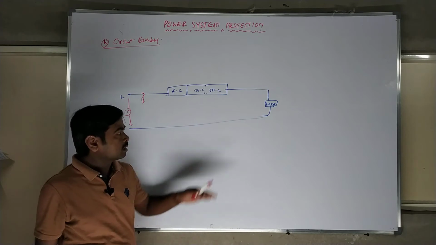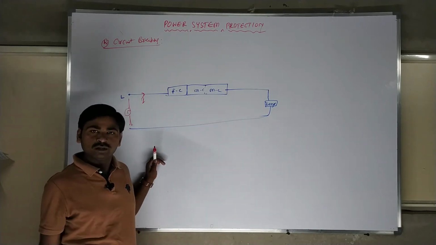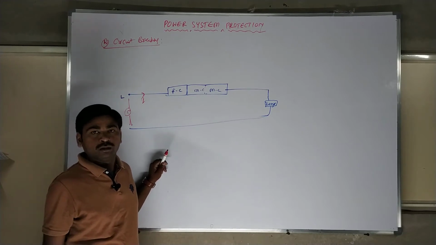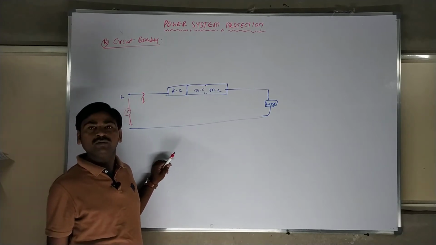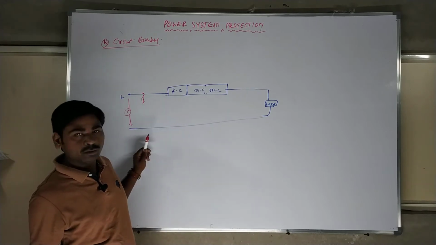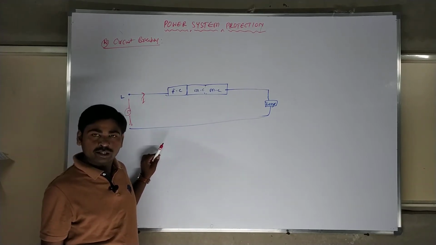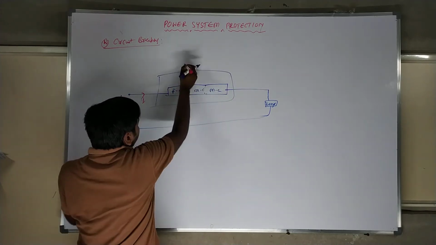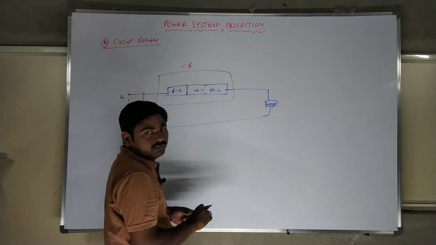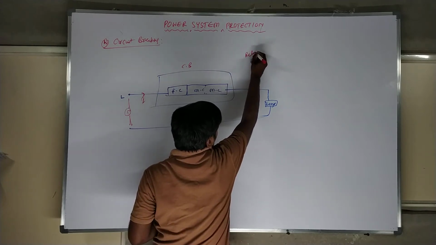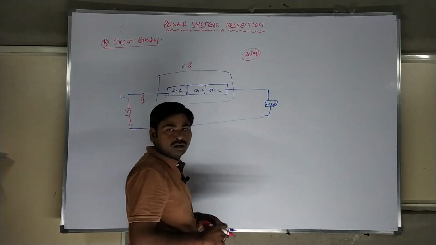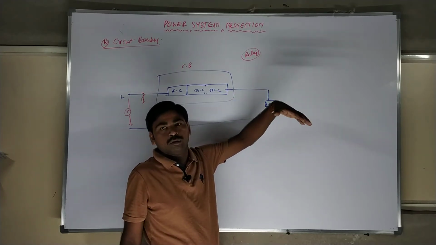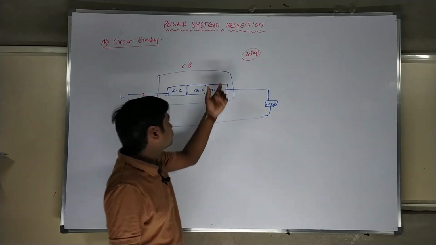When a fault occurs in the transmission line, the relay, which is a device, will give a trip signal to the circuit breaker. When a fault occurs, the relay equipment senses the problem and gives a trip signal to the circuit breaker.